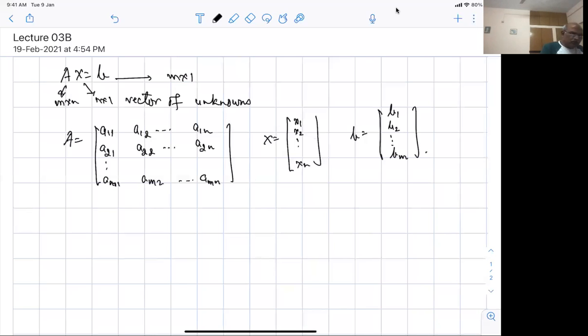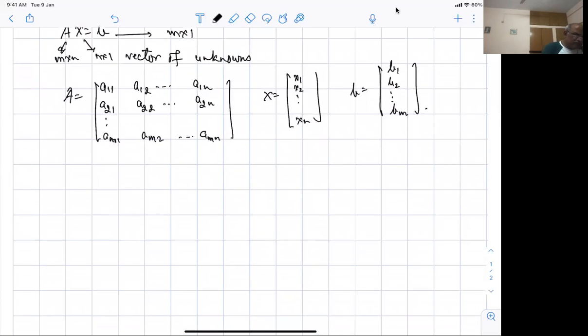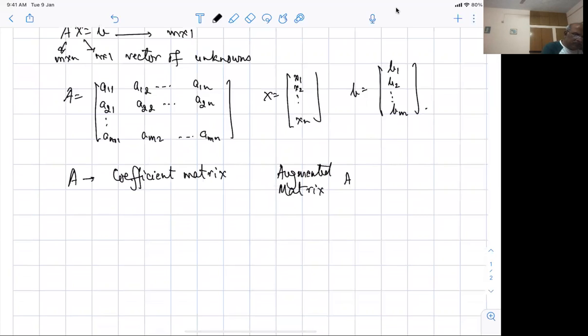Fine. So according to this, for the system Ax = B, the matrix A, if you recall, was called the coefficient matrix. And there was an augmented matrix, which I'll write as AUG.